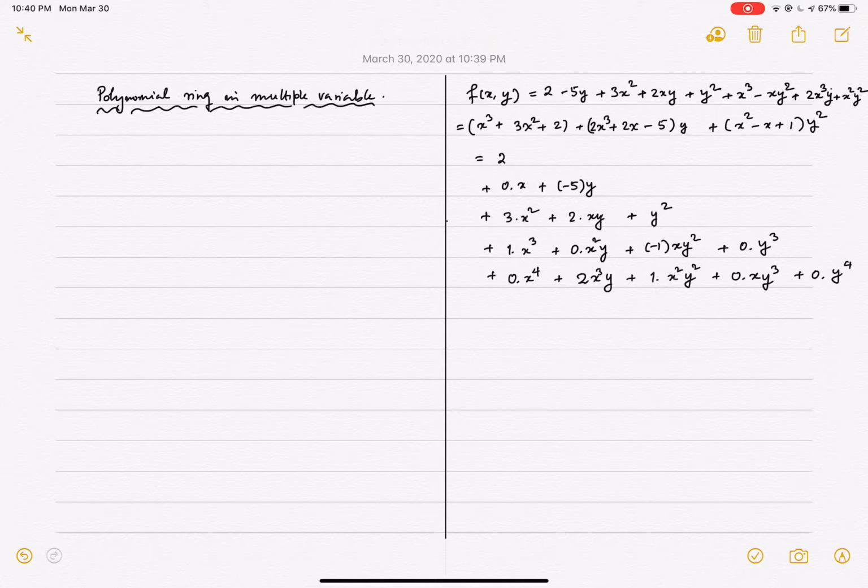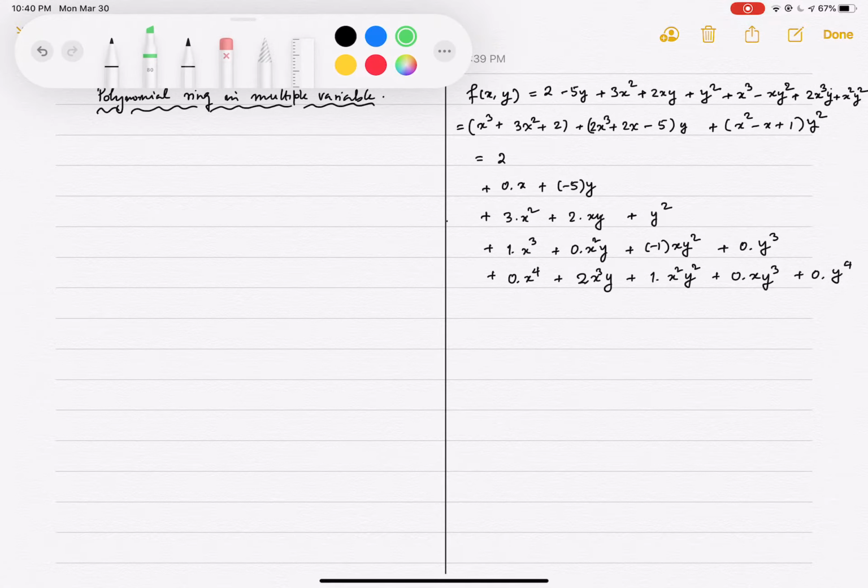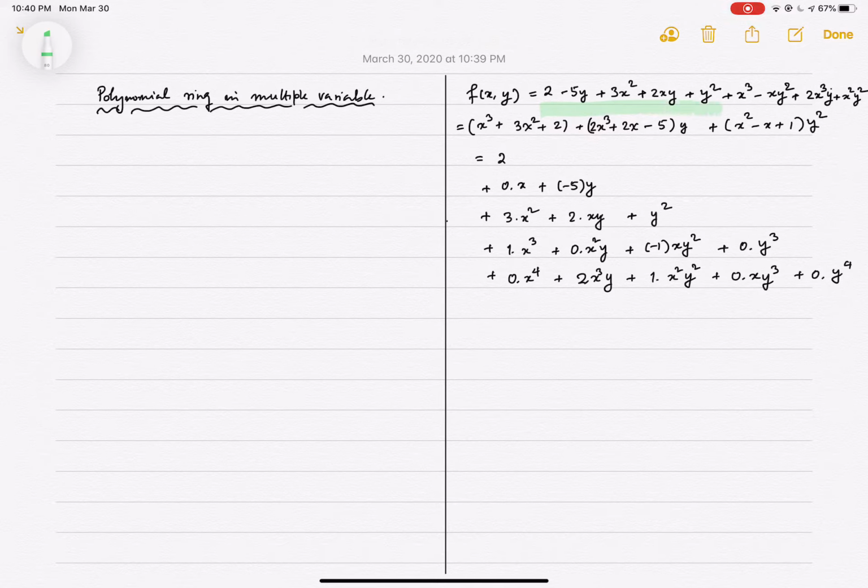Okay, so here's an example of a polynomial in two variables, x and y. You're familiar with such expressions. One way to think of it is as a polynomial in one variable y, such that the coefficients are again polynomials in another variable.